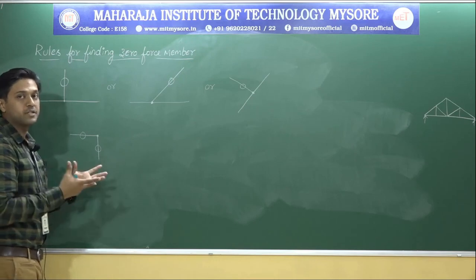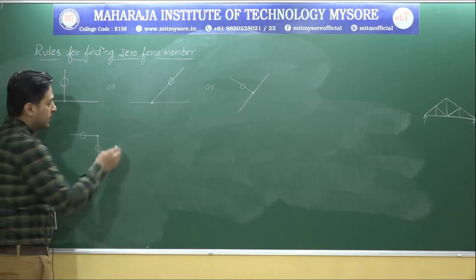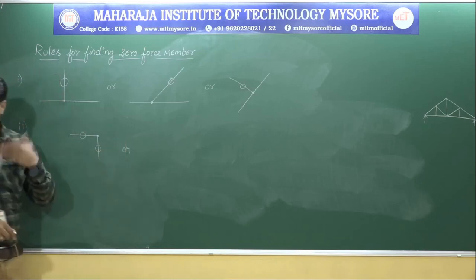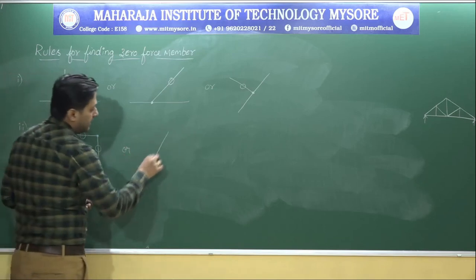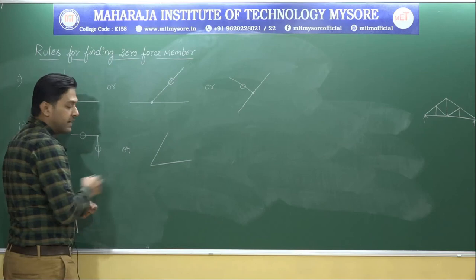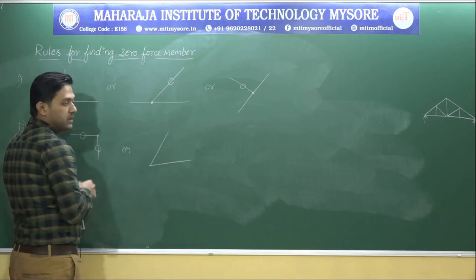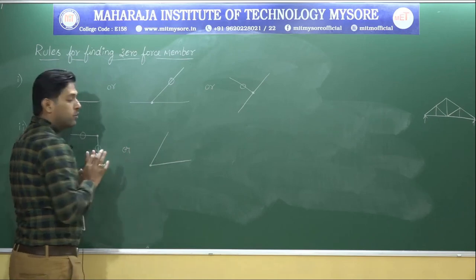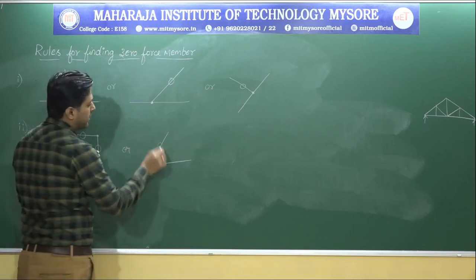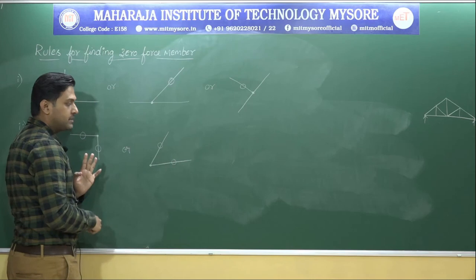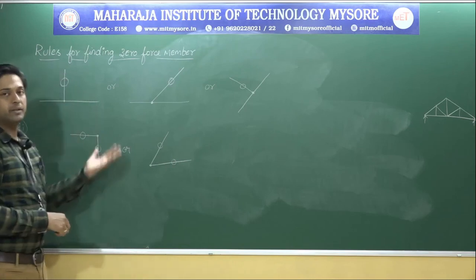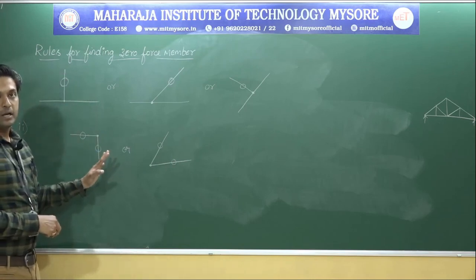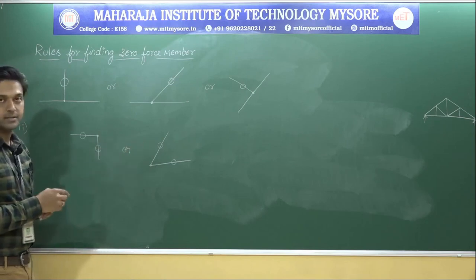It means that no forces will be acting on them. There is one more diagram for that. Let me think that the members are like this and this is the joint. At the joint we have 2 members and no external loads are applied on it. So now I can say that these are zero force members. While doing the problem, I will be explaining how to calculate all these things.